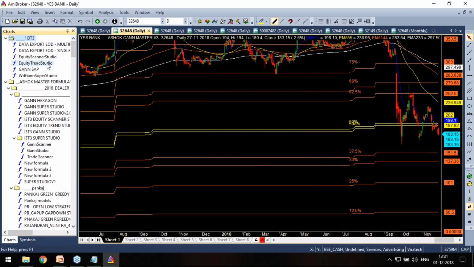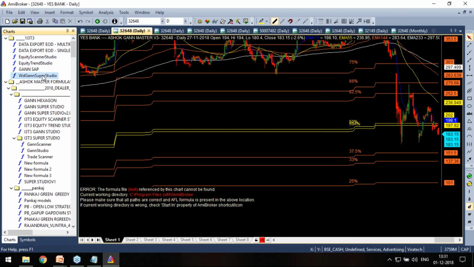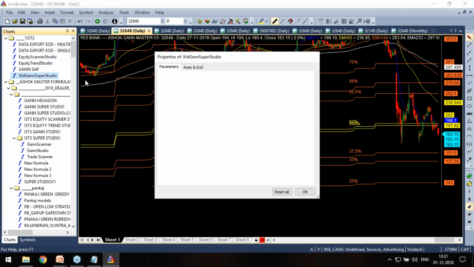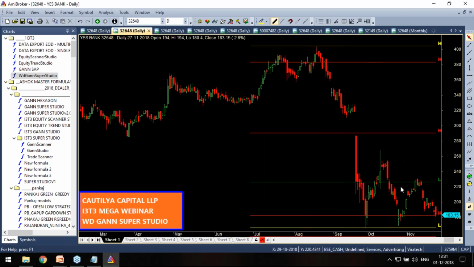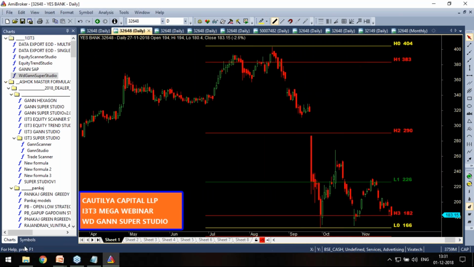Charts. It is the standard WD GANN studio. Okay, here is the studio for you. So the symbol is Yes Bank.